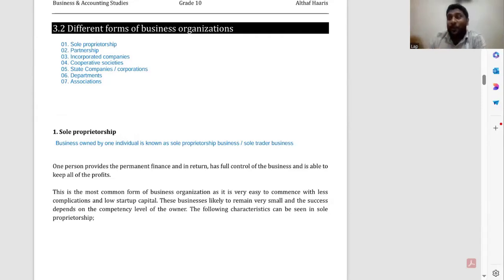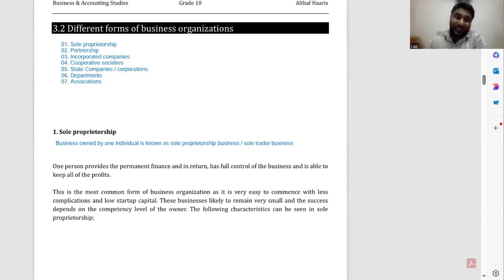If it is a 4-person partnership, you and 3 of your friends are running a business. If the business needs 1 lakh, 25,000 each only should be put in. But here, entire 100,000, one person should pump. Finance burden is high. And if there are any losses, that one person should bear the losses alone. Profits, he will enjoy the profits alone. No need to share the profits.